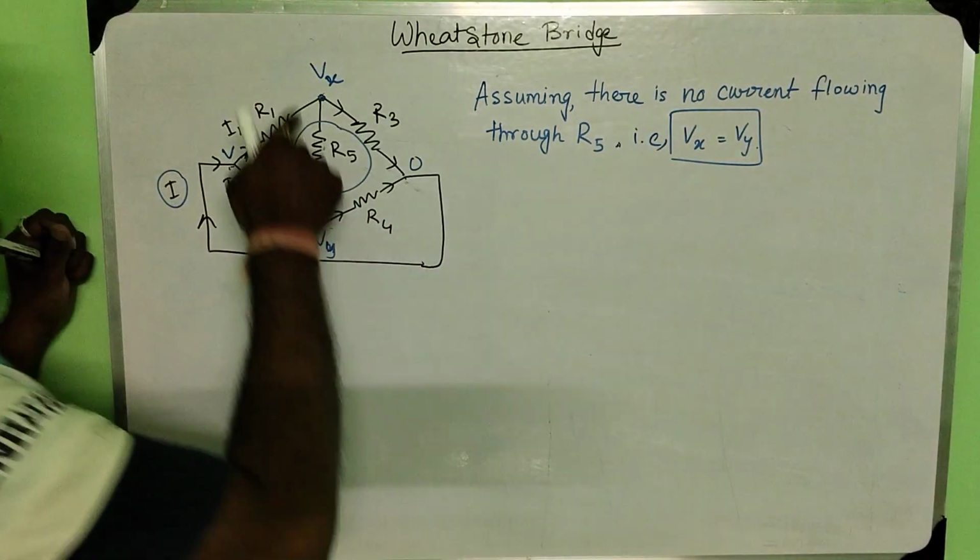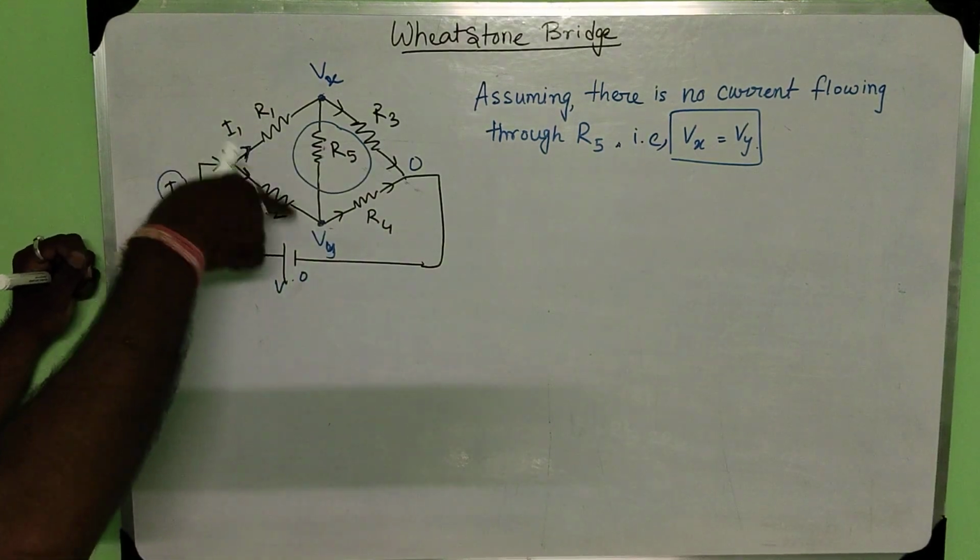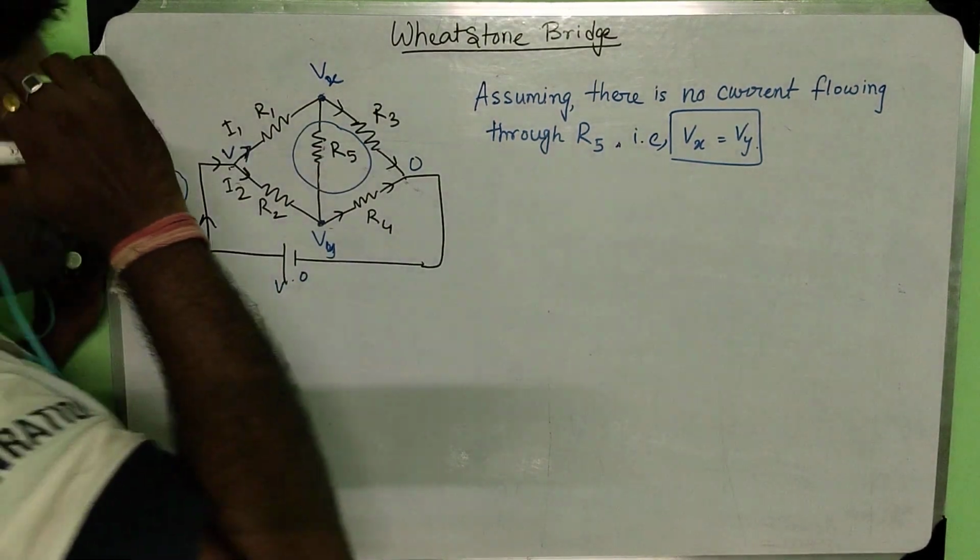So if Vx is equal to Vy, then only there is no current passing through R5.